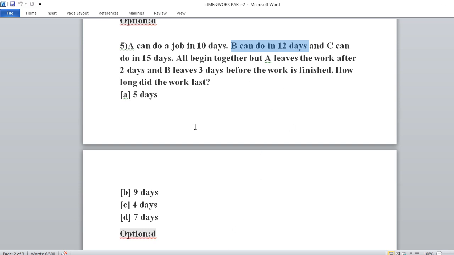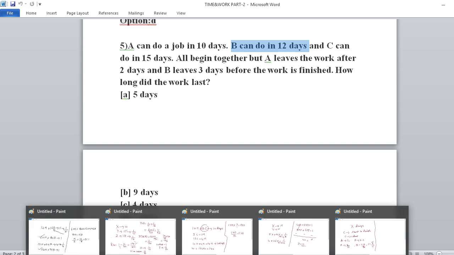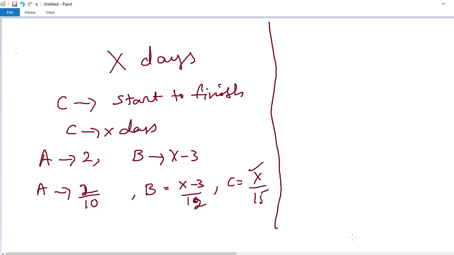C in 15 days, so X by 15. A can do the job in 10 days, so 2 by 10, because A leaves the work after 2 days. B leaves 3 days before the work ends, that's why X minus 3 by 12.